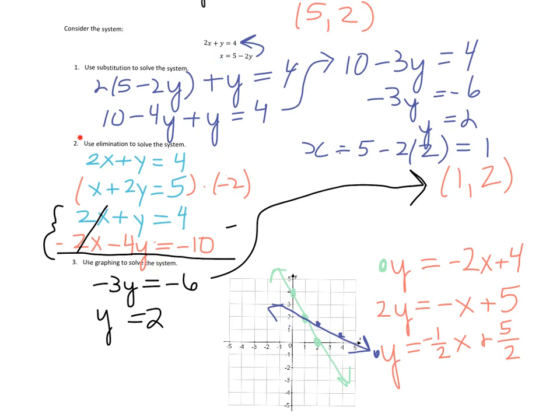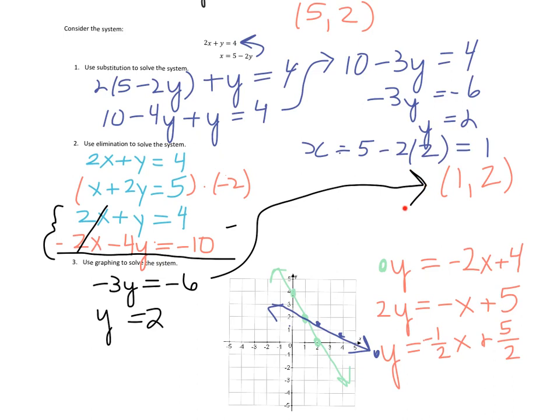If we wanted to use elimination, we have to line everything up. So I had to move the x to the x column, add 2y to both sides before I could even start the elimination. And then I multiplied by -2, added them up and got my y equals 2 just as before. But it took a little bit more work because it wasn't set up for elimination.